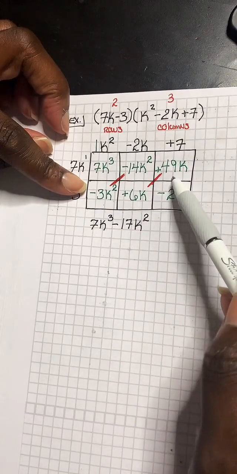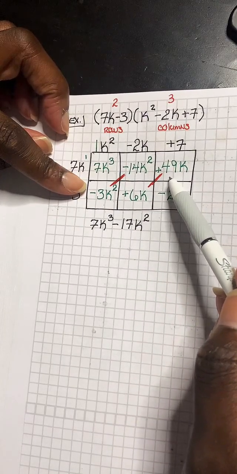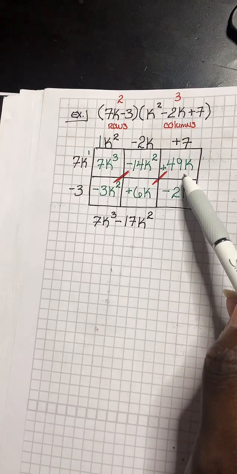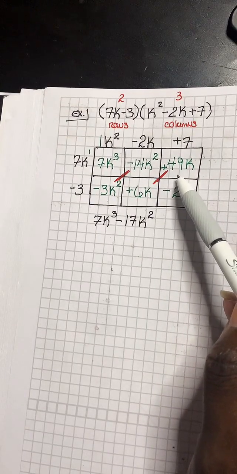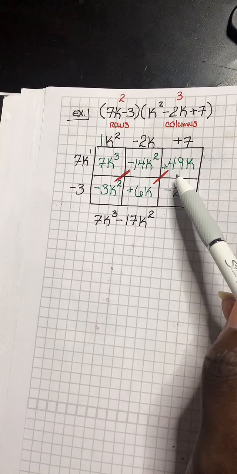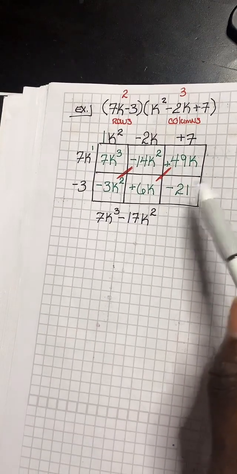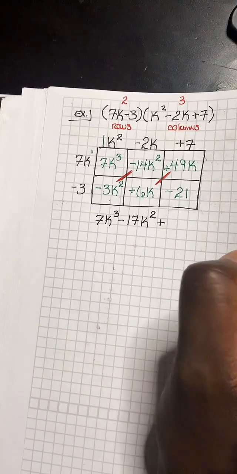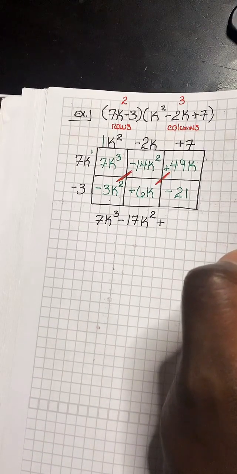Okay. So now we got our 49 and our 6. They both have a k, so we're good to go. Both are going to be positive. So we got 49 plus 6, 55.